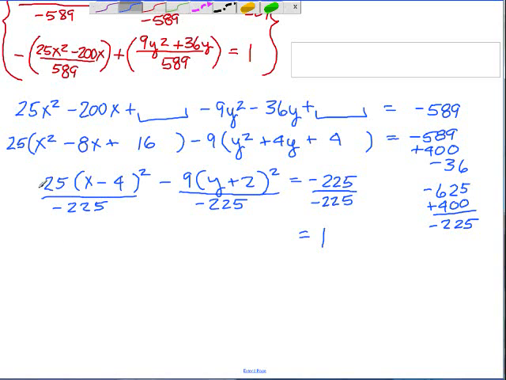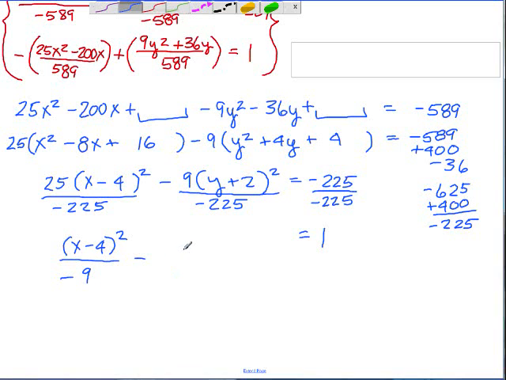Well, if I divide top and bottom by 25, I get a coefficient on my squared term of a positive 1. And down here I'll have a negative 9, right?